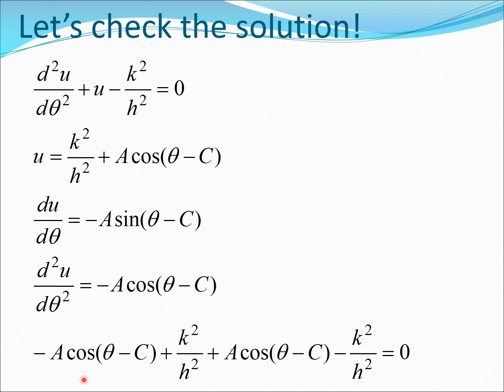This is the d2u by d theta 2 term. This is simply the u term here, u is k square by h square plus a cos theta minus c. That's this term here, and you have the negative k square by h square term. So there is a cancellation here, there is a cancellation here, and so you get 0. So basically this equation is the solution.